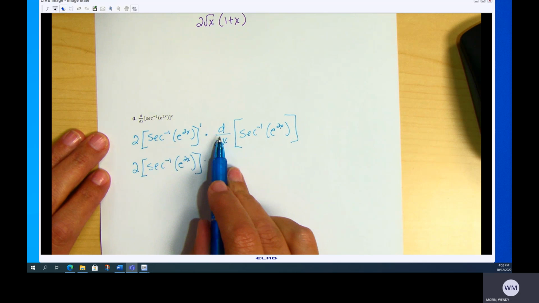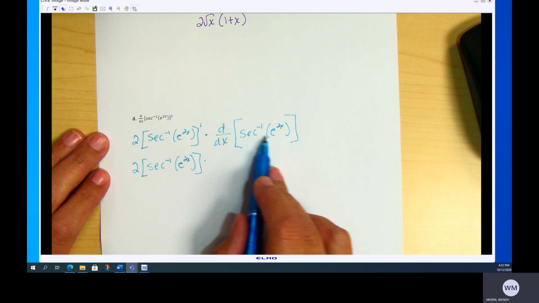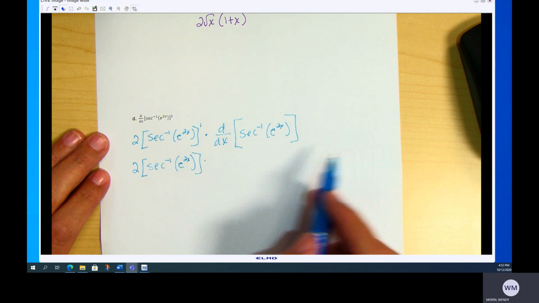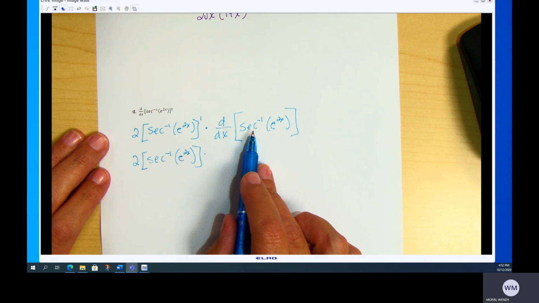And let's go ahead and find the derivative of this. Well, this has a lot going on here. So let's pick the outer function, which is our inverse secant, or our arc secant.